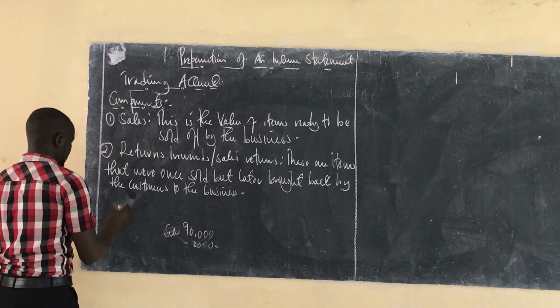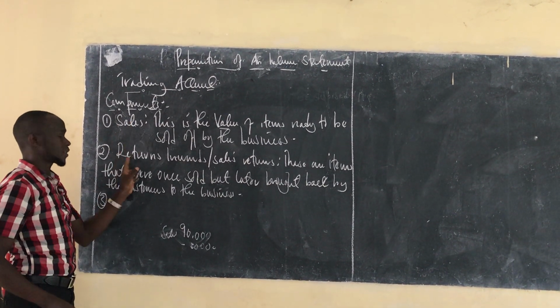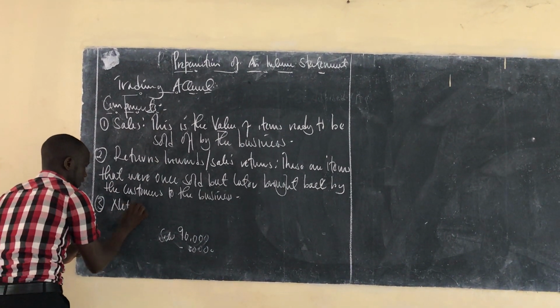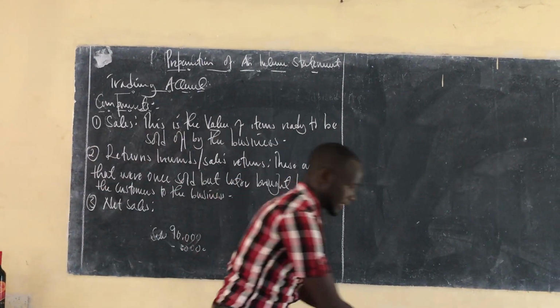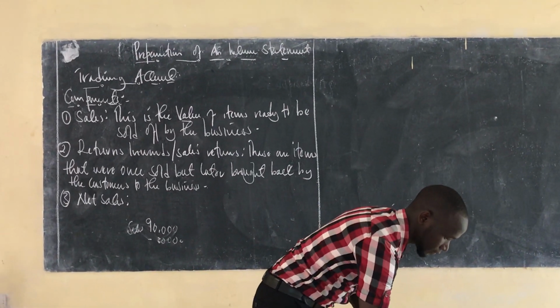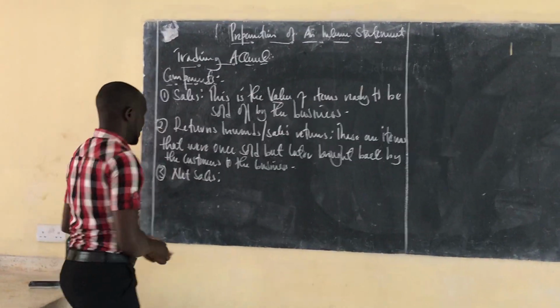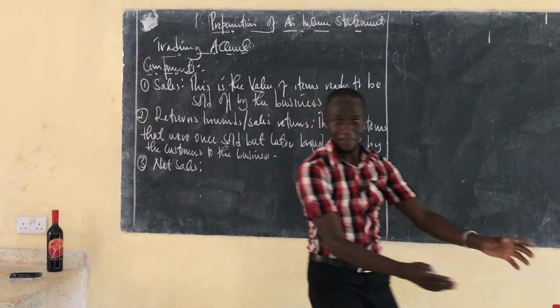The third component is a result of the two. Is what they call the net sales. Now, the net sales, remember, we had sold 3 bottles.